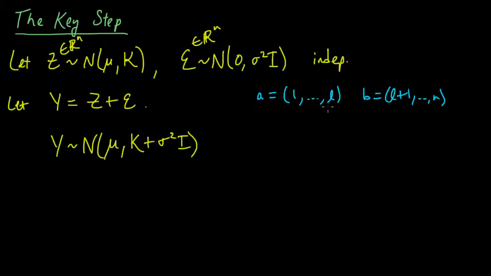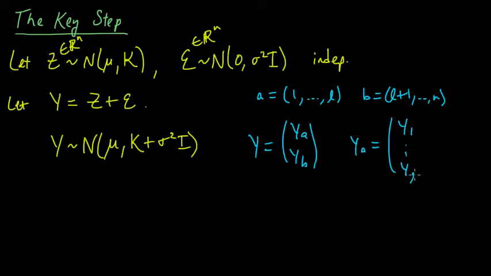So A is going to be the indices of the first part of y, and B is going to be the indices of the second part, where L is some number between 1 and n. So we can break up y as yA, yB, where yA is y1 down to yL, and similarly yB is yL plus 1 down to yn.